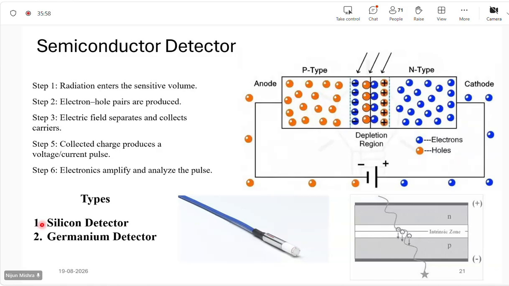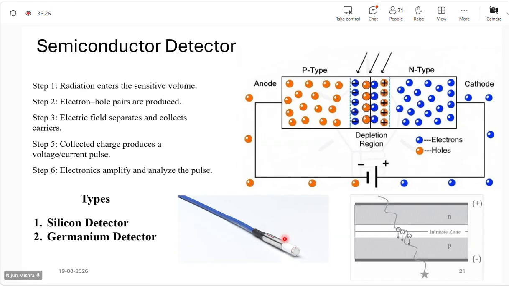Okay. Next, in our radiation department or radiation therapy, we have a silicon type of detector. See, this PTW silicon detector. Types are mainly silicon type and germanium type. For the silicon detector, during measurement we don't provide any bias voltage, so it doesn't need any bias.